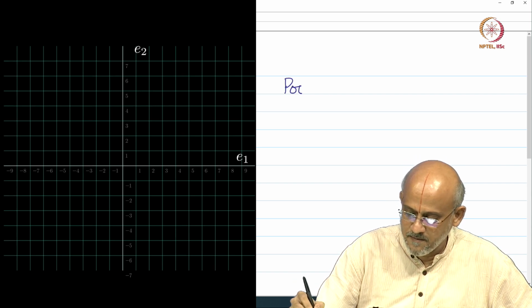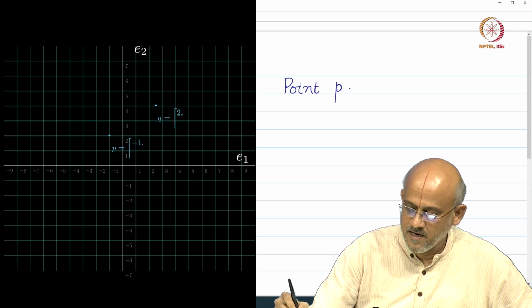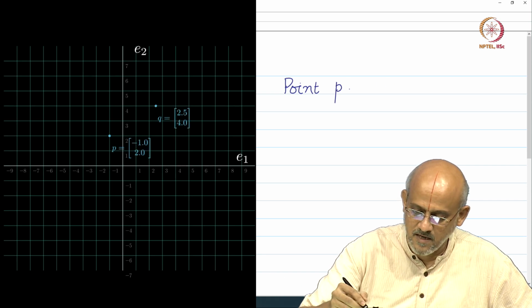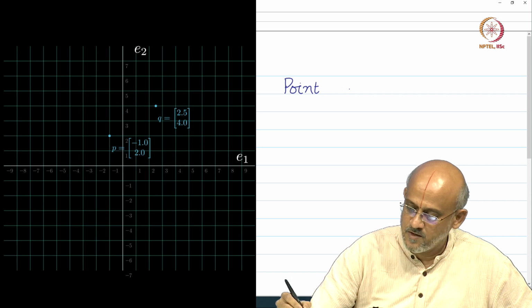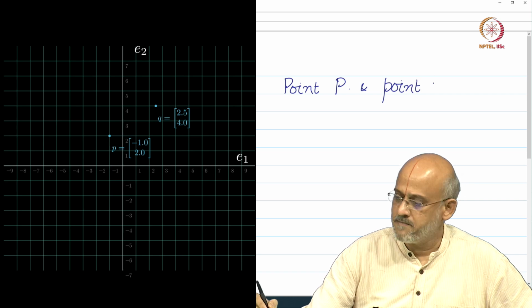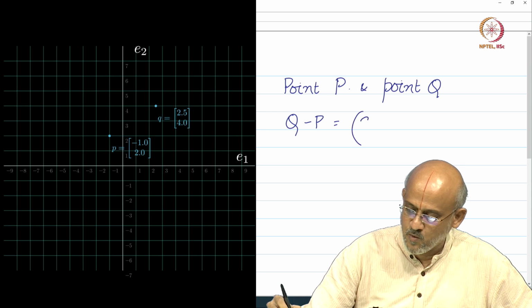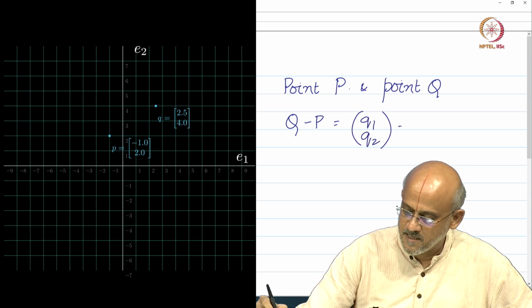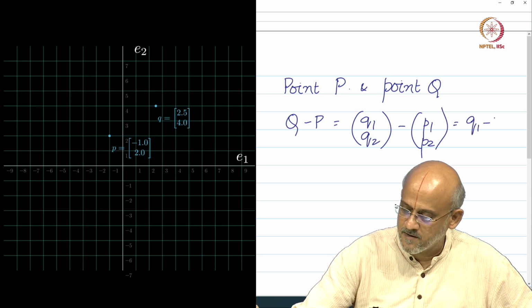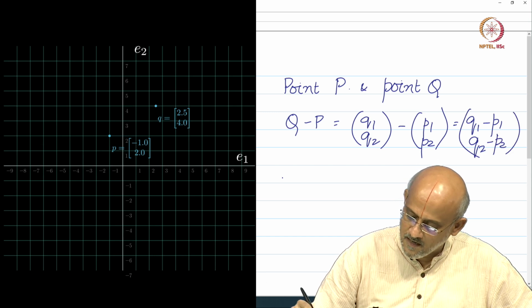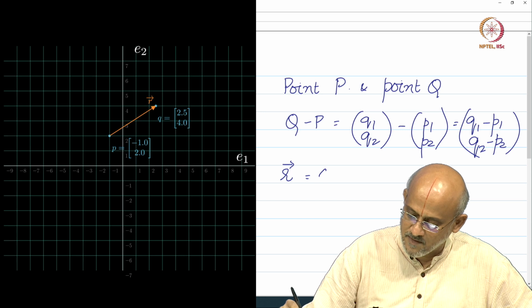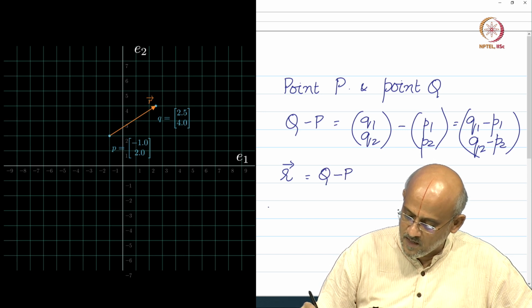If you recollect, we had a point P, and then we had another point Q. We said that Q minus P, which is basically Q1 Q2 minus P1 P2, which gives me Q1 minus P1 and Q2 minus P2. We called this the vector R, which is given by Q minus P.